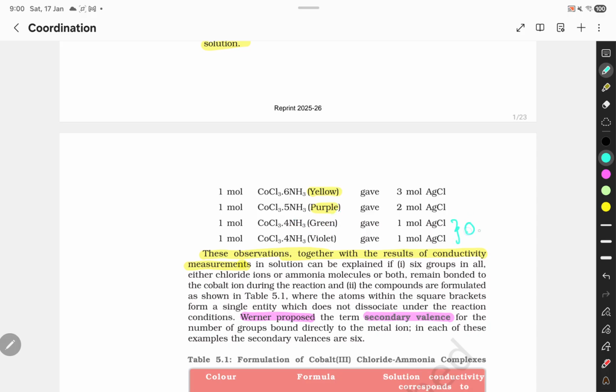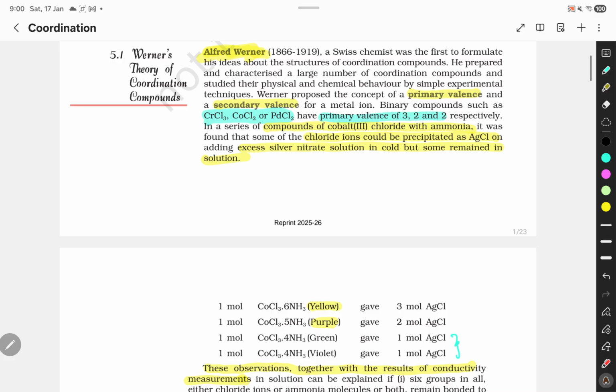Maybe they have a difference in the coordination, the structure, or the hybridization type. I don't know. One more thing he told is that he found that some of the chloride ions can be precipitated as AgCl on adding excess silver nitrate solution in cold, but some have remained in solution.